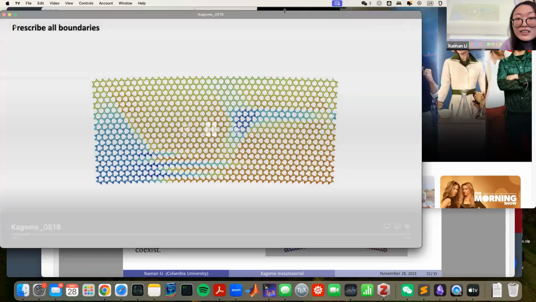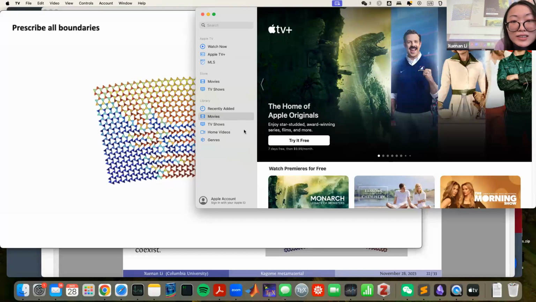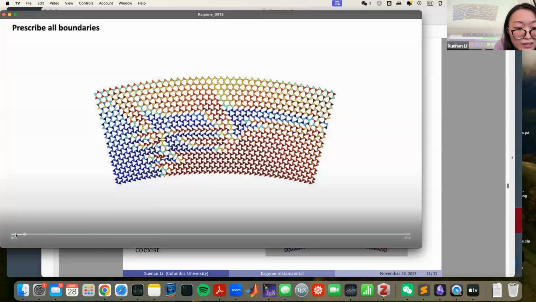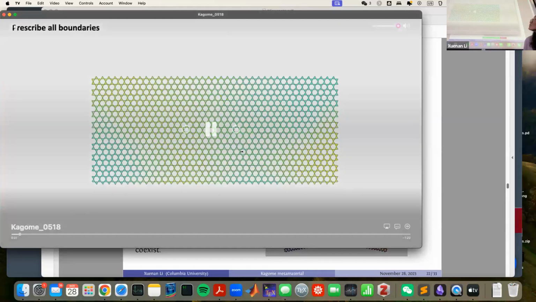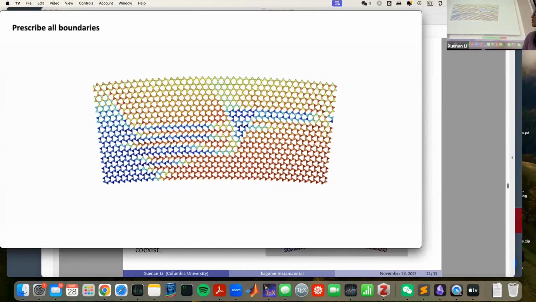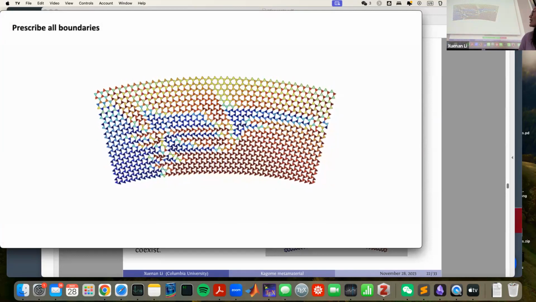Originally you have a panel with hexagon holes cut in it. And then you slowly push the boundary to a conformal map. And you can see it's deforming like that.